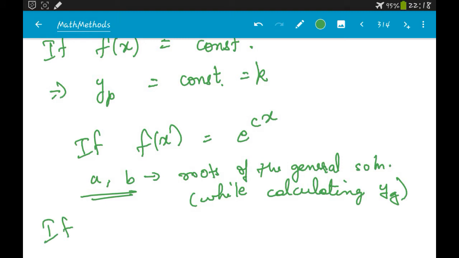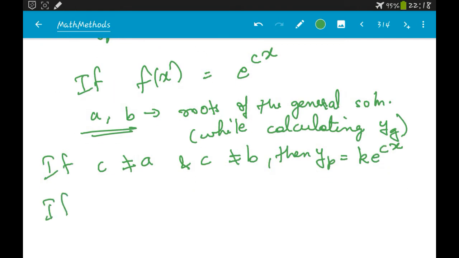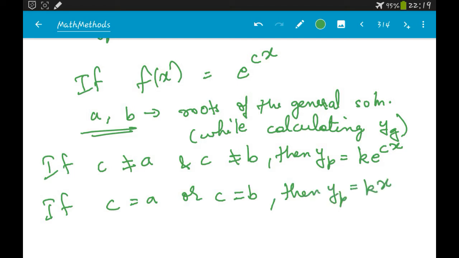So if c is not equal to a and c is not equal to b, then yp is going to be k into e power cx. Okay, but if c is equal to a or c is equal to b, but not equal to both, then yp is going to be kx e power cx.